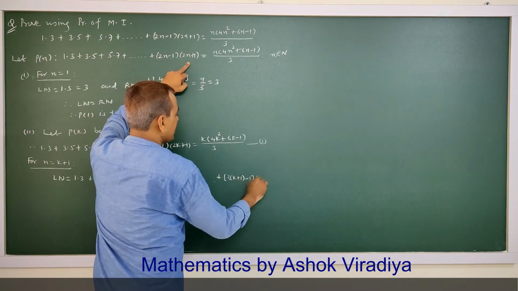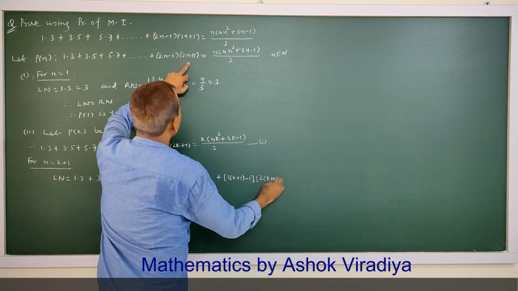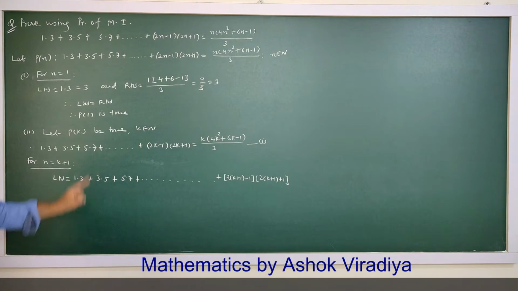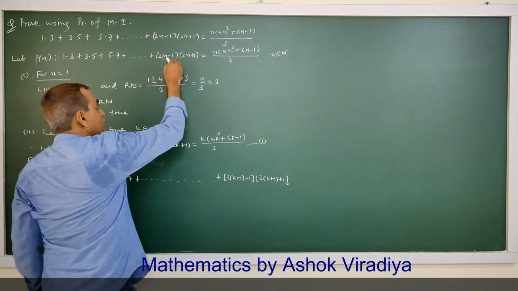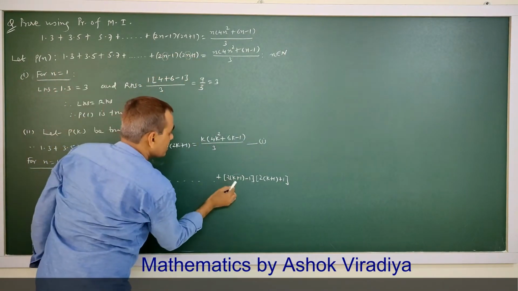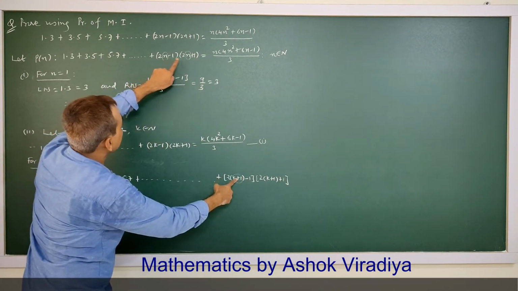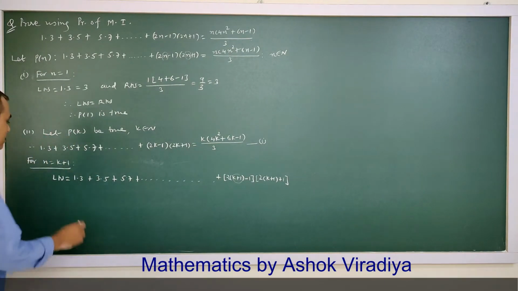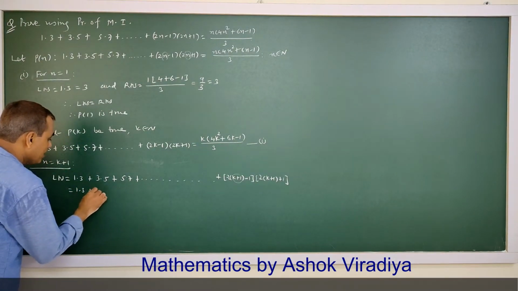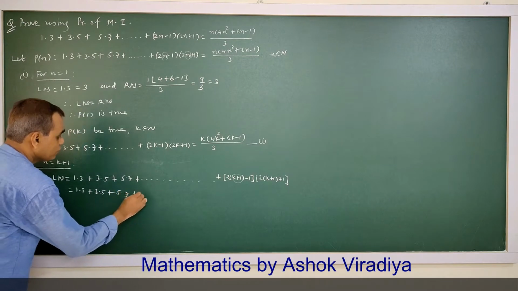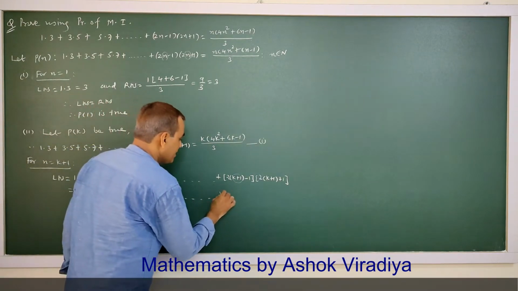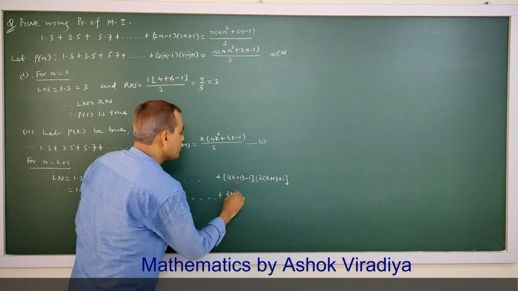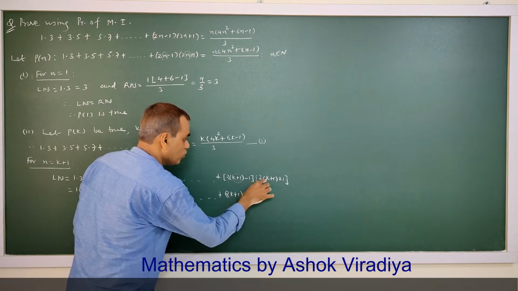So this is the left hand side for n equal to k plus 1. So it is equal to 1 into 3, 3 into 5, 5 into 7. Now look, its simple form is 2k plus 2 minus 1, that is 2k plus 1, into 2k plus 3.